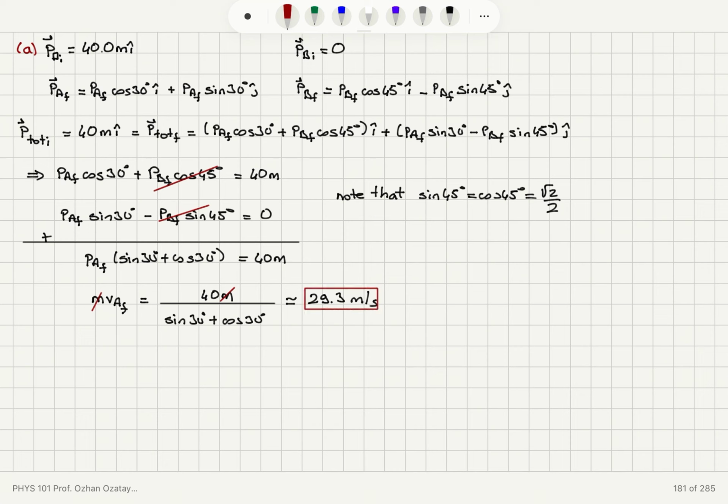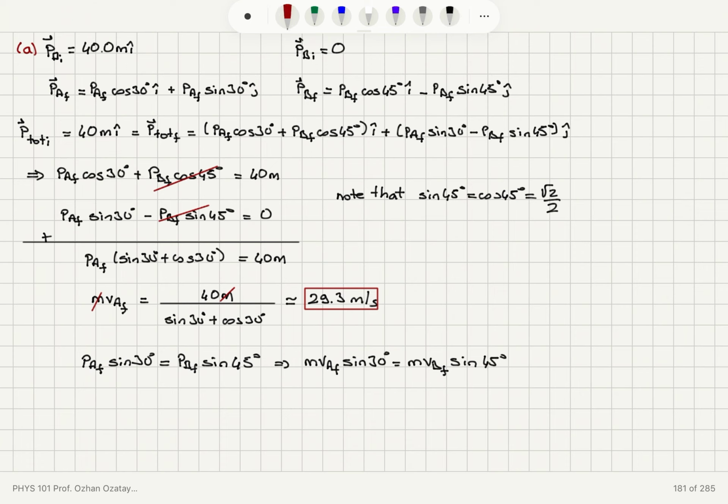Okay, and if I look at the second equation here, this equation, that tells me that PA final sine 30 must be equal to PB final sine 45. Therefore, m VA final sine 30 is equal to m VB final sine 45.